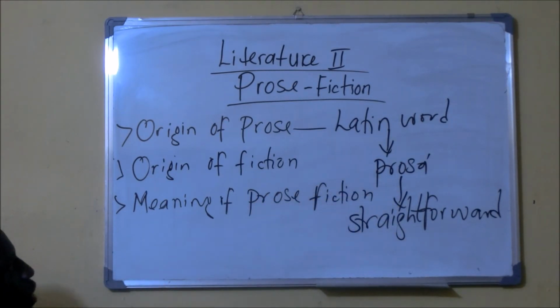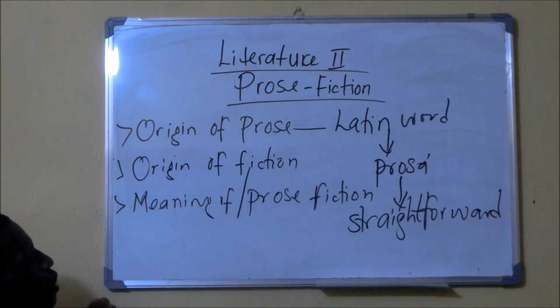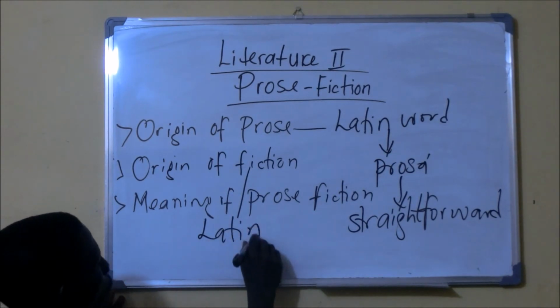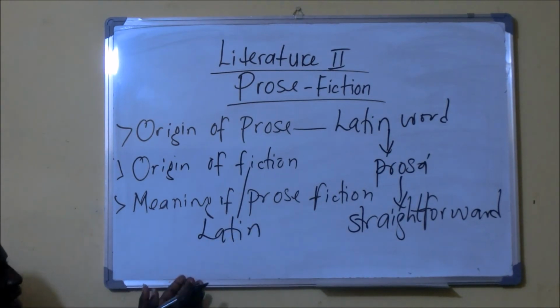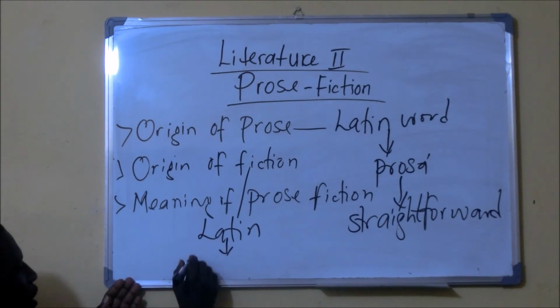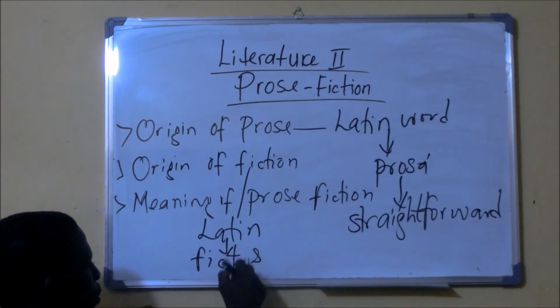Also, let's quickly look at the origin of fiction. The word fiction is also from a Latin word, or it has a Latin origin. In Latin, fiction is called fictus.